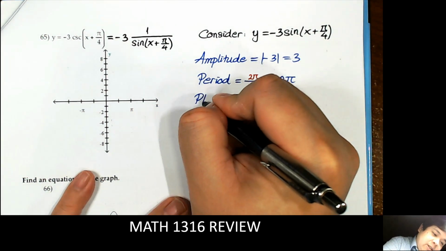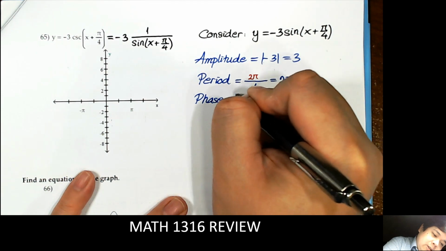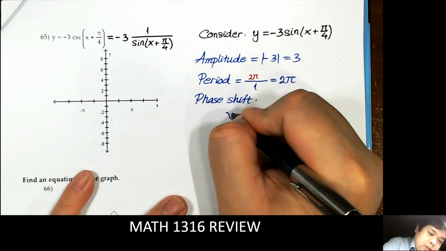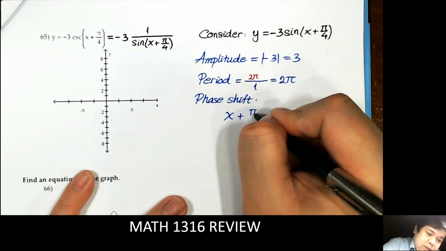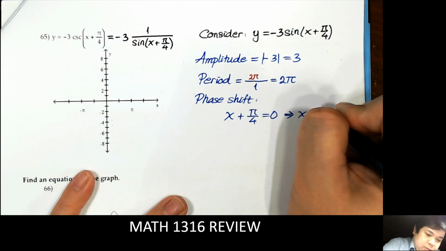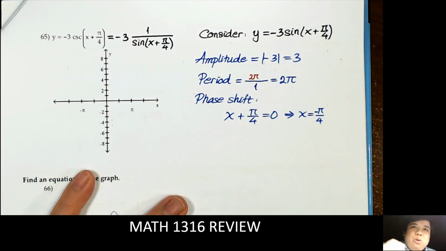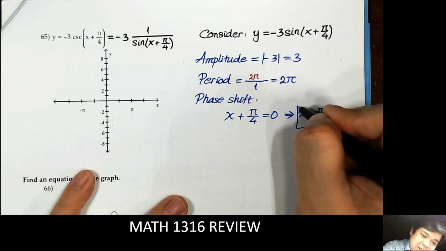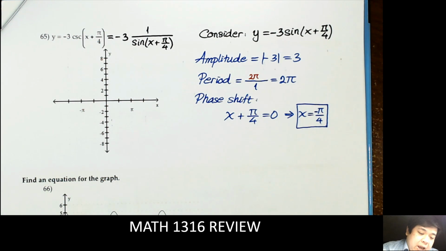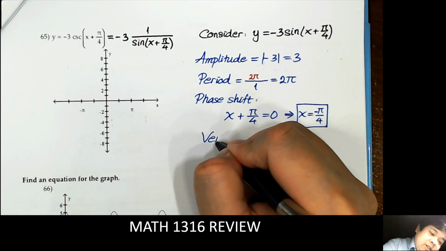Phase shift: I'm going to let x plus pi over 4 equal to 0, which is negative pi over 4. And vertical shift, there's none.